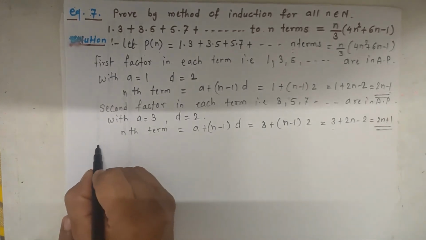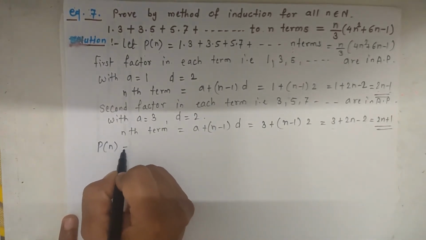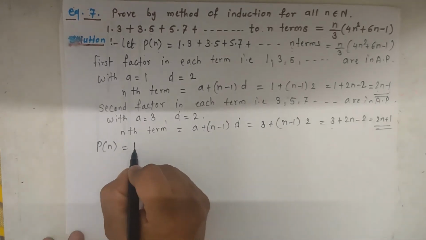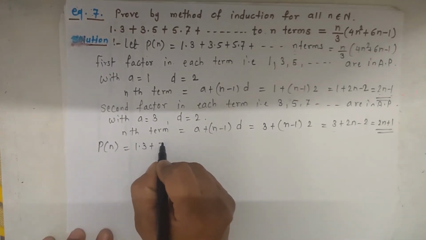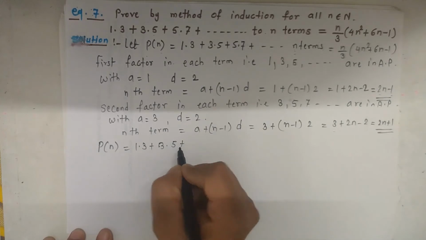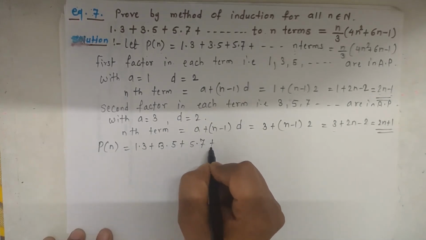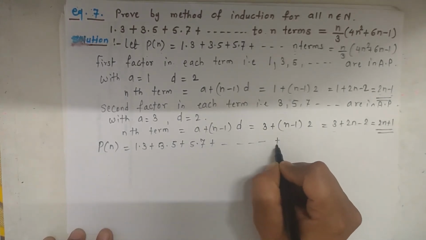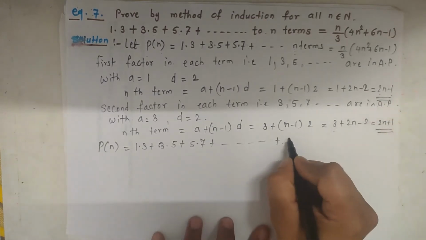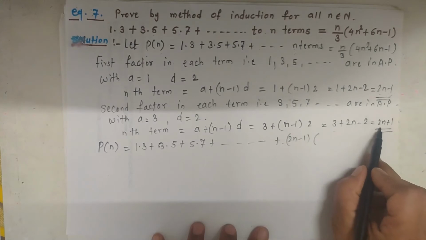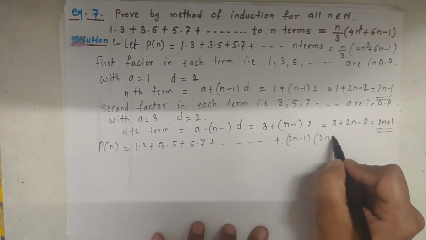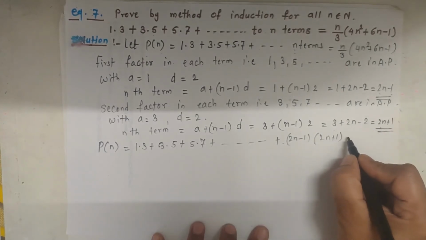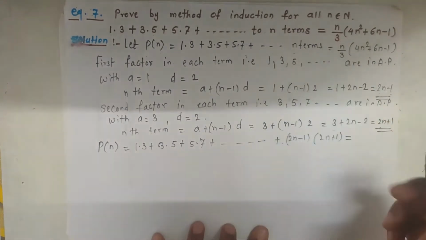So right here again, P of n is equal to 1 into 3 plus 3 into 5 plus 5 into 7 up to the nth term, where the first factor is 2n minus 1 and the second factor is 2n plus 1, is equal to n by 3.